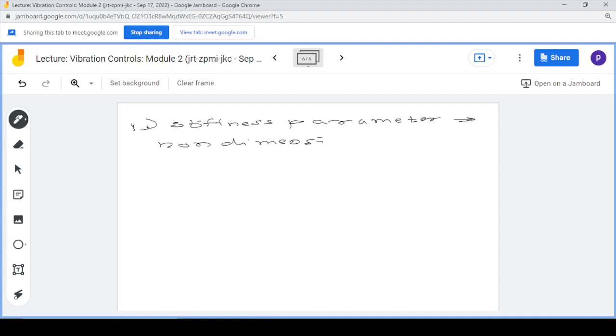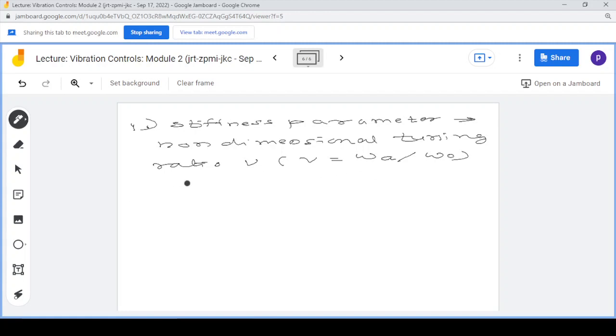Now what do you mean by non-dimensional tuning ratio? It is the ratio of frequencies. It is denoted by nu, and what is nu? Nu is equal to omega A divided by omega 0.